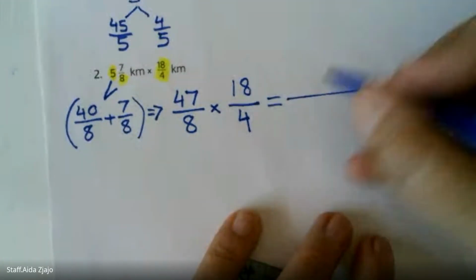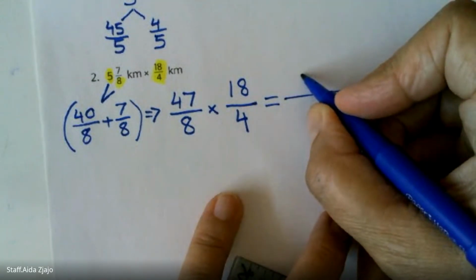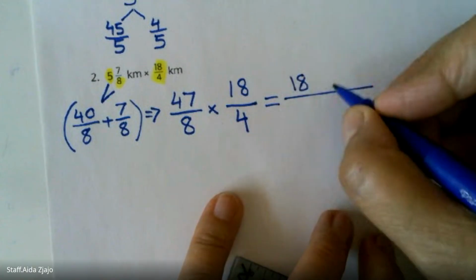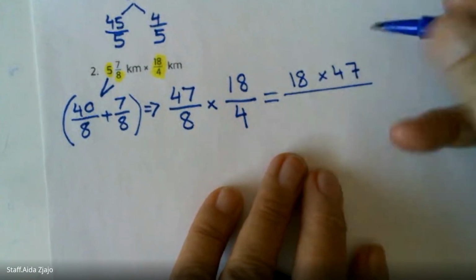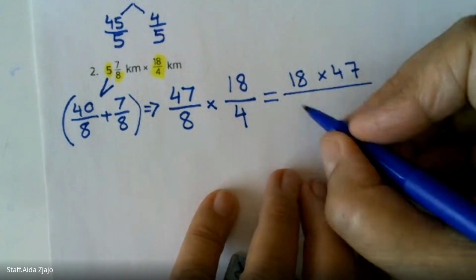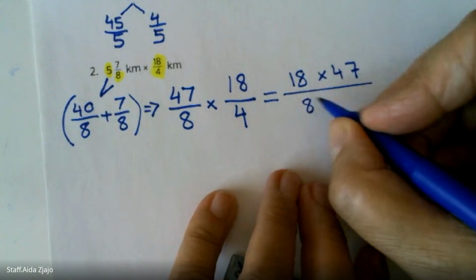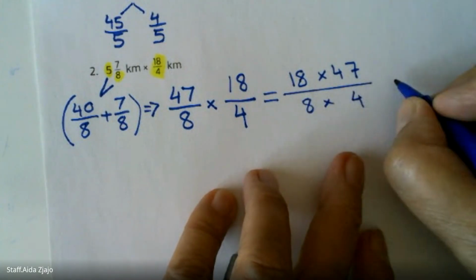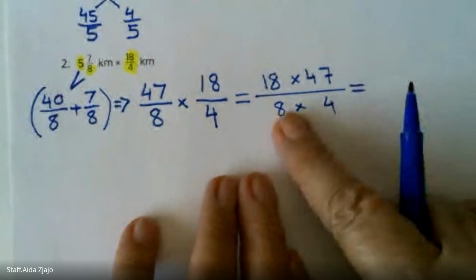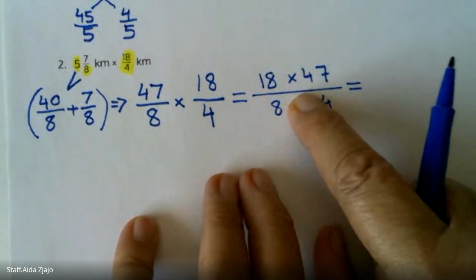So imagine I have this 18 here times 47, and then I have 8 here and 4. The division line is the fraction line.